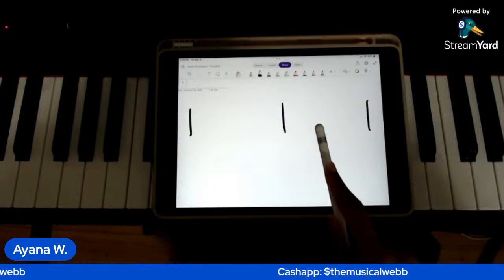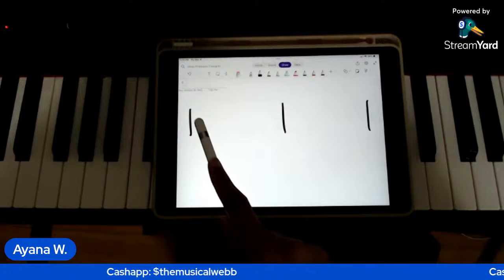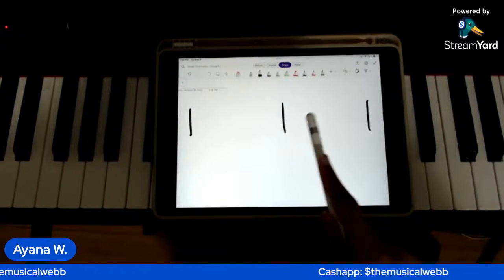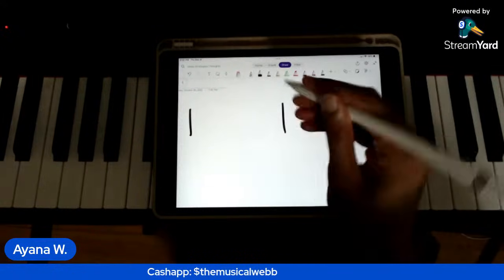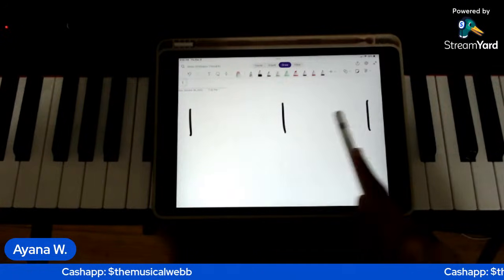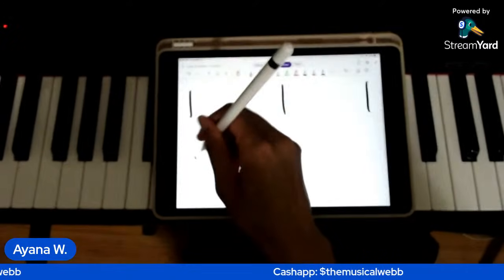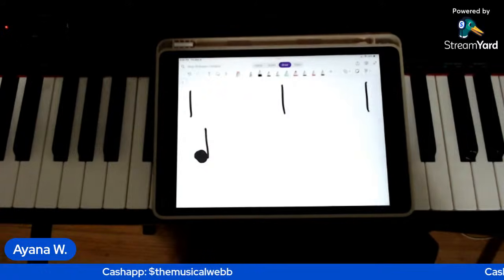So the way this is counted is 1, 2, 3, 4, 1, 2, 3, 4. Here we have to fill these beats with rhythm notes. What do these rhythm notes look like? There are different types. We're going to go over 3 super basic ones today.